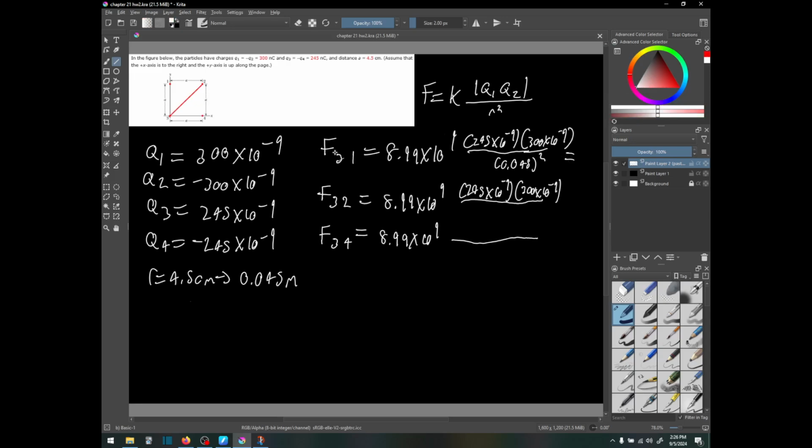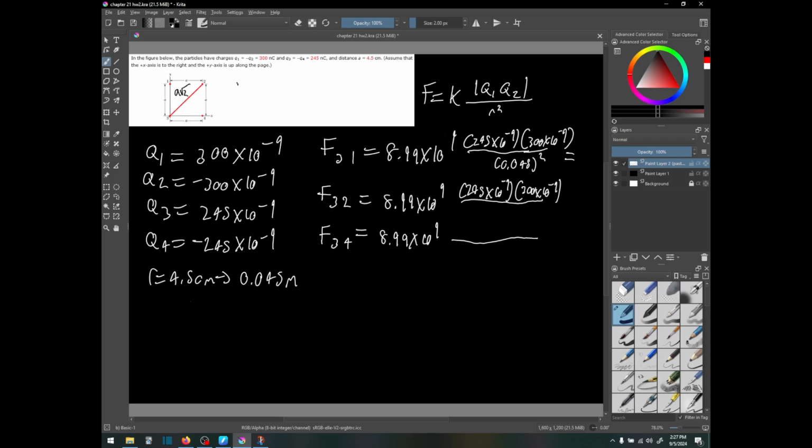If this is a perfect square, then the diagonal is going to be A square root 2.